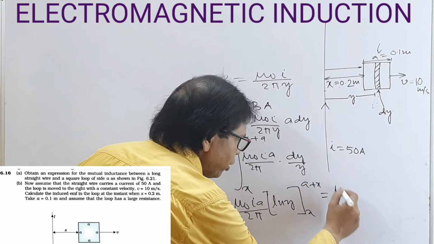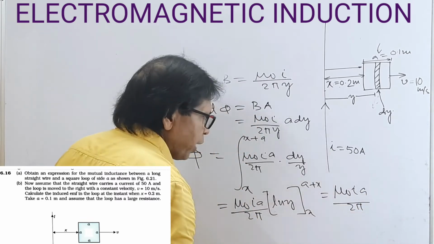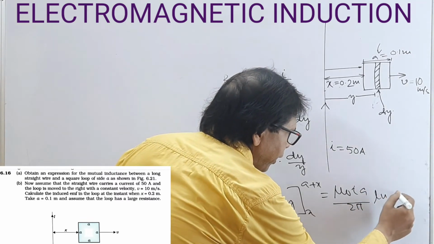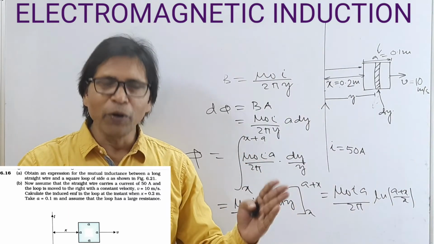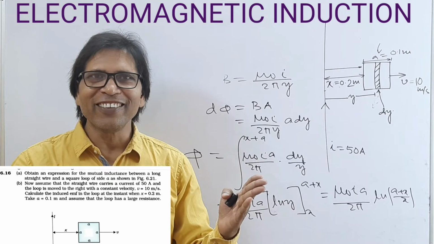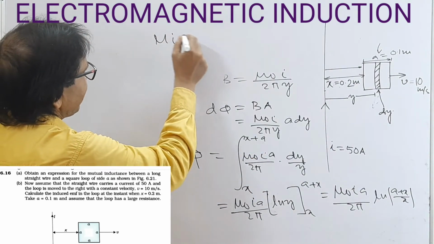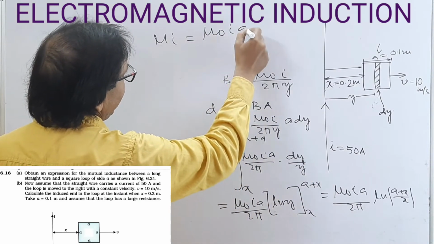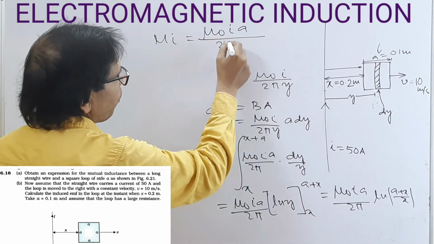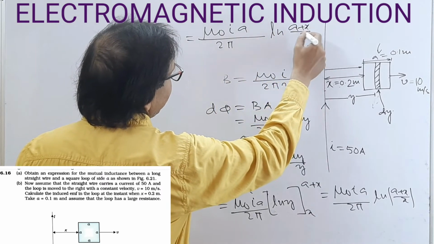So this is mu naught I a divided by 2 pi and this is ln of a plus x divided by x. We know phi equals M into I. So M I is equal to mu naught I a divided by 2 pi into ln of a plus x by x.